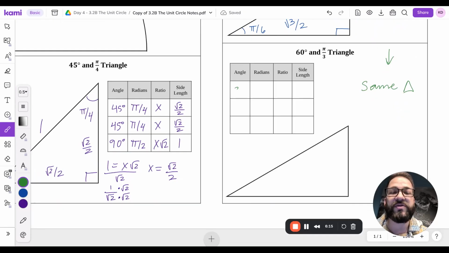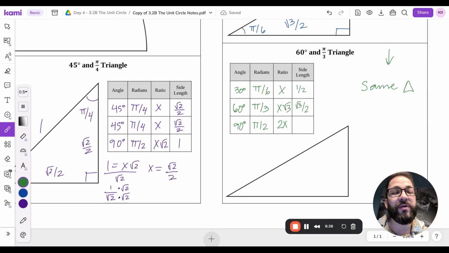So our angles, of course, would be 30 degrees, 60 degrees, 90 degrees. Our radians would be pi over 6, pi over 3, pi over 2, and that ratio once again would be x, x root 3, and 2x for side lengths of 1/2, root 3 over 2, and 1.